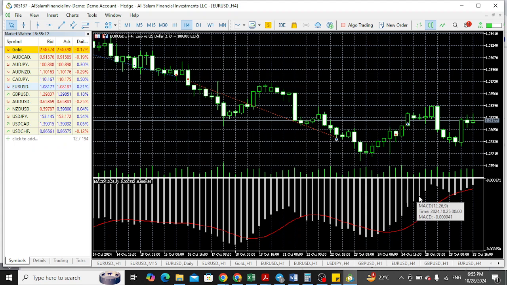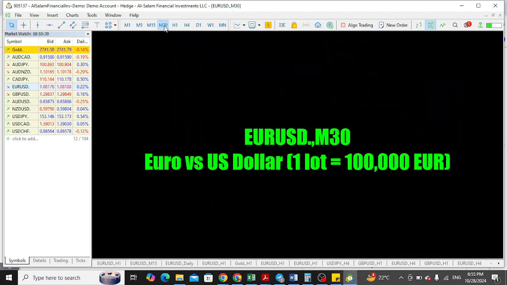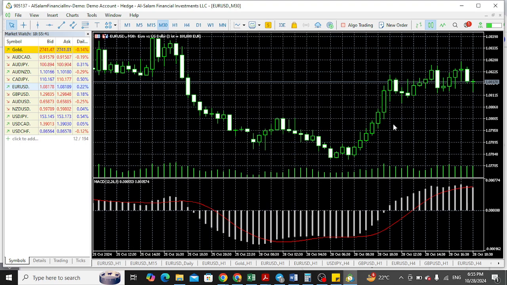Now on the 4 hour, yes, it is down, but the bearish momentum is decreasing. If we look at the 1 hour, we see there is a bullish momentum being formulated, and this is what I look at.